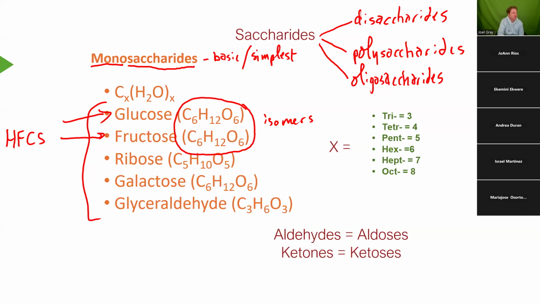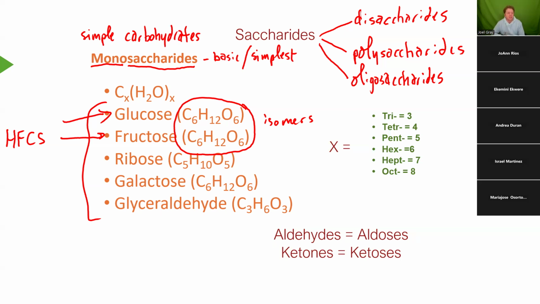These are our simple carbohydrates. So there's a couple of terms: carbohydrate or carbs, saccharides, monosaccharides, oligosaccharides. These are all terms that are within the same sphere and within the same realm.